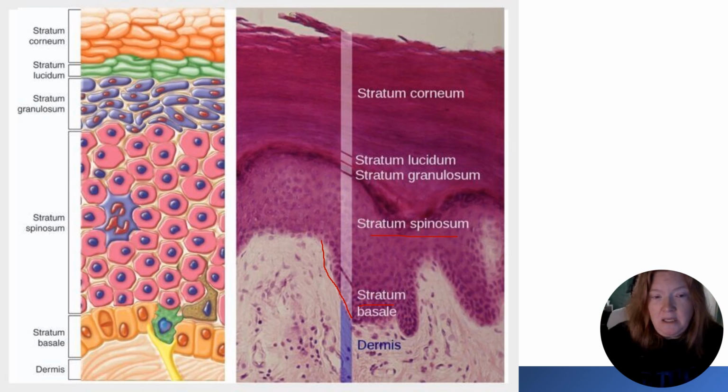Lots of division happening here. And then we have the stratum granulosum where those granules form, particularly with keratin. And then we have the stratum lucidum, only in thick skin. Granules burst open. And then we have the stratum corneum, completely dead keratinized cells that provide some protection.